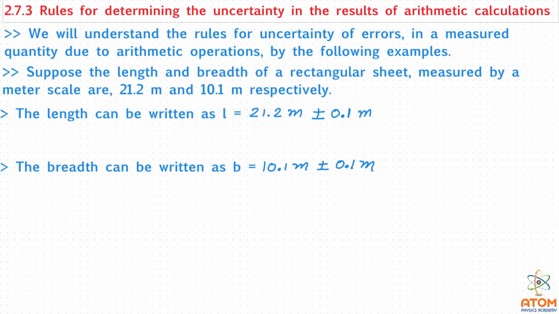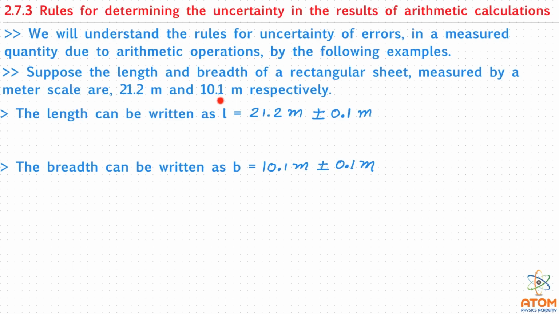Let us see. The length is given as 21.2 meter. That means it is measured up to the first decimal place. That means the precision of this instrument, the meter scale, is 0.1 meter only. Here also the case is the same.